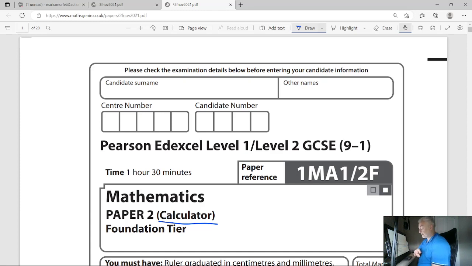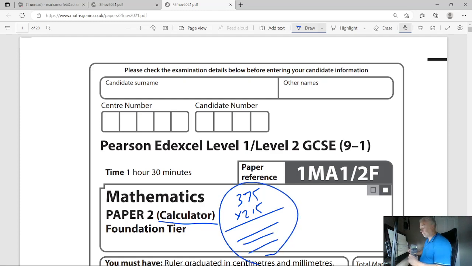Okay, so just make sure every calculation that you do on any of the two calculator papers, you're using your scientific calculator for. You don't need to show any written calculations in relation to manual calculations. So if we did, for instance, 375 times 215, we don't need to show 3 lines of working like that.